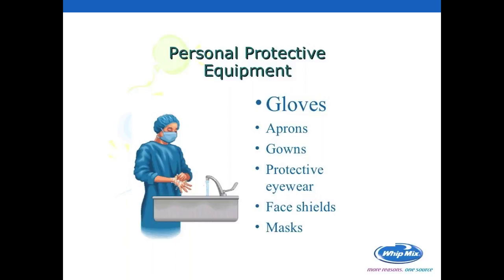It's the first best thing to have a barrier between you and an object or a patient. Okay. Next thing are aprons, gowns, protective eyewear, face shields, masks. All of this personal protective equipment will apply depending upon what procedure you're doing in the laboratory or in the operatory.